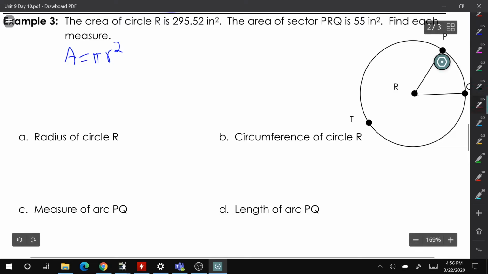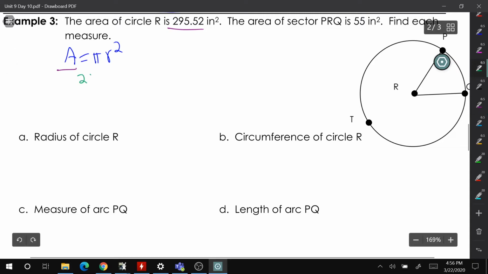We know the area is 295.52, so we can plug that in and then get r by itself. So let's do that first.